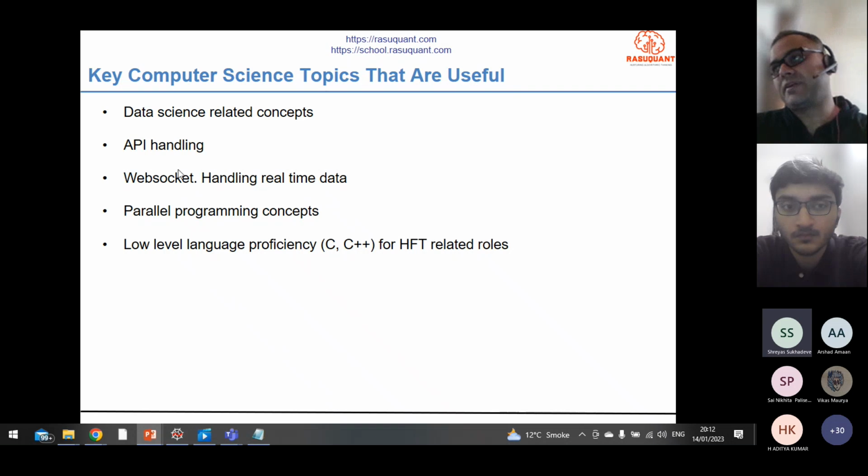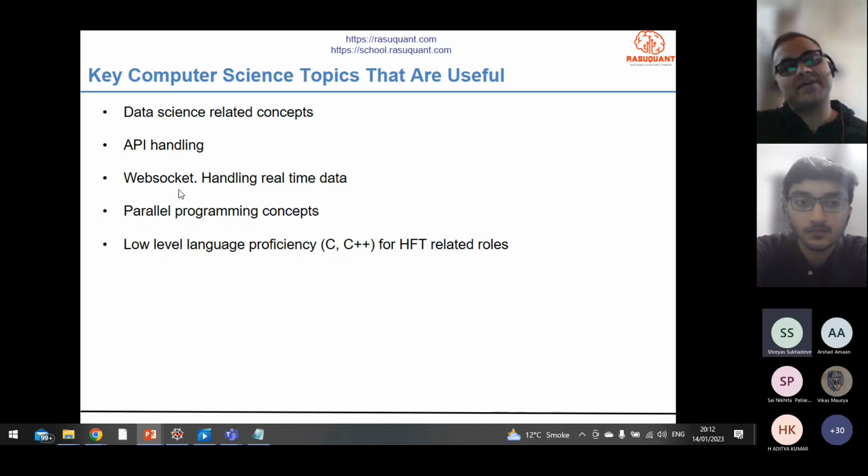API handling is very important. You would encounter APIs even if you have co-location, even if you have your own server. NSE is going to give you some APIs. The exchanges are going to give you some APIs. So you should be very good with APIs: how to write them, how to create them, how to use them, how you can handle events and things like that.